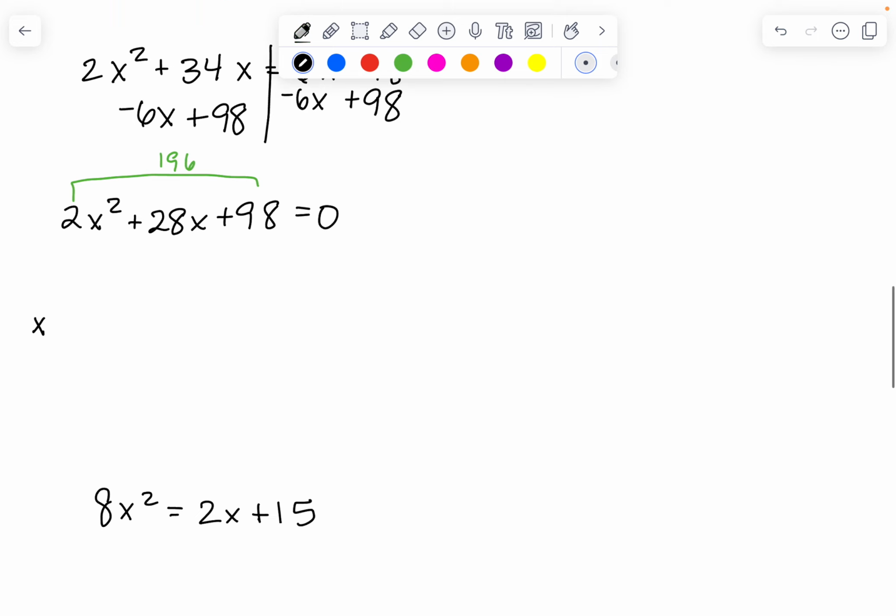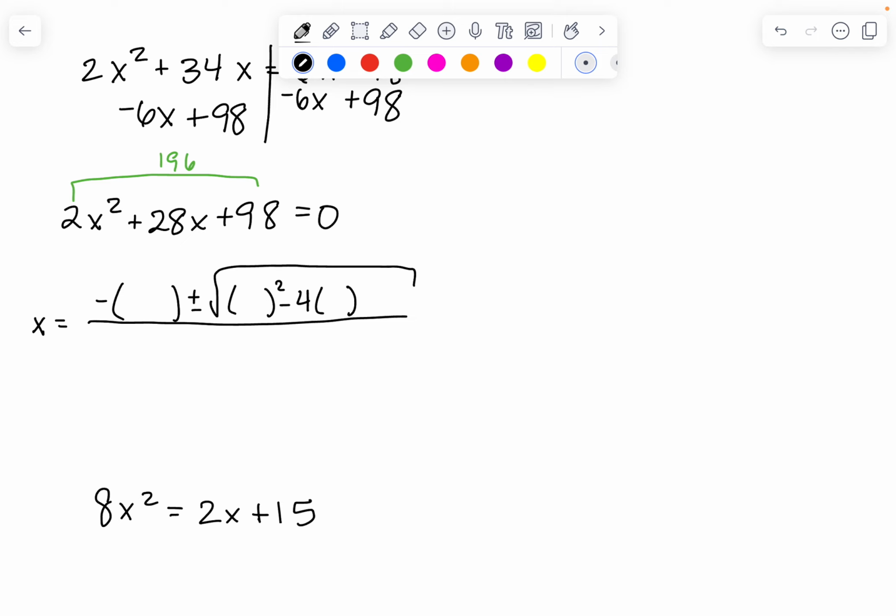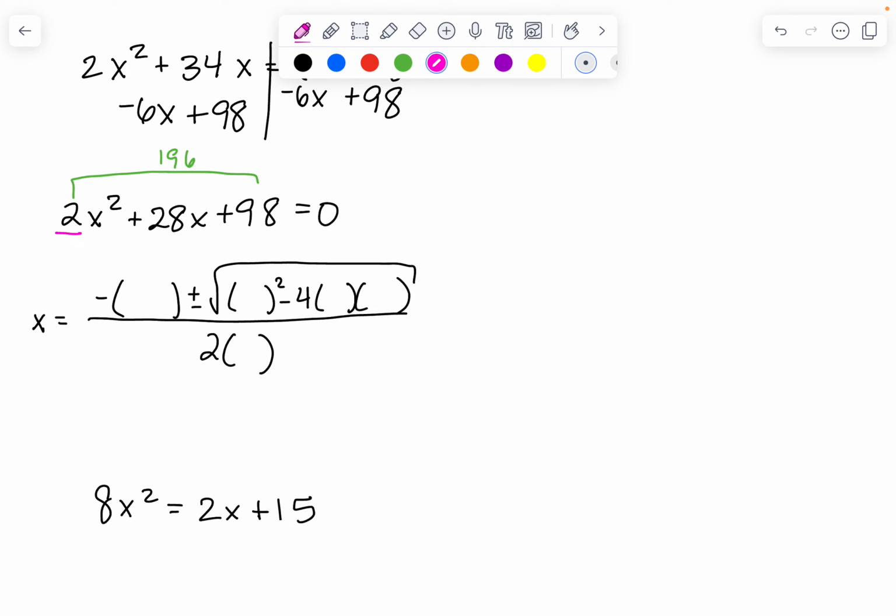So what I'm going to do is the quadratic formula. All right, A is 2, B is 28, and C is 98.